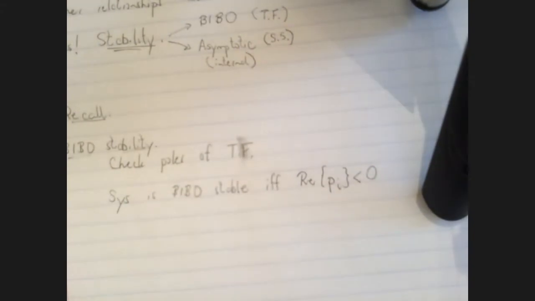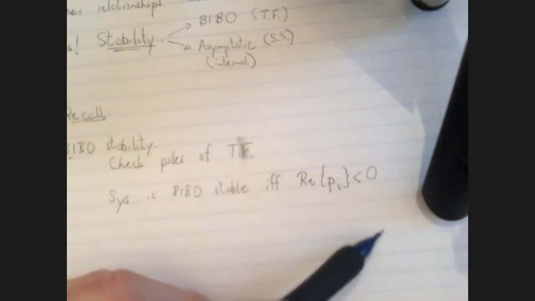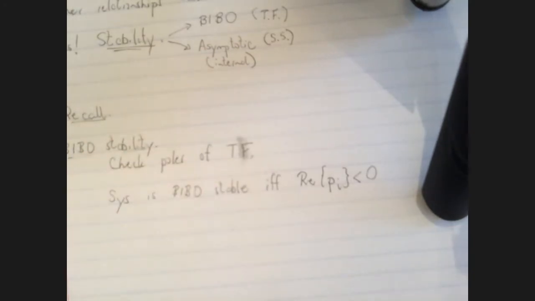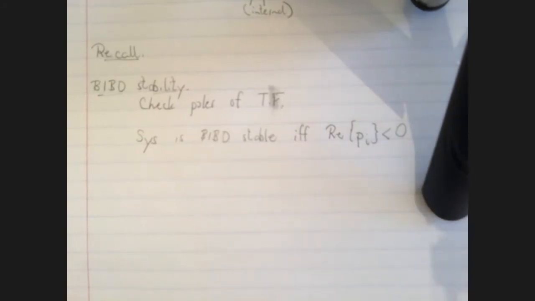I'm not going to write what happened on the axis, but you either had marginal stability, or if they repeated, you would have instability from back in signals and systems. But basically, you needed everything on the left-hand side for BIBO stability as far as the poles of your transfer function. So that's nothing new.